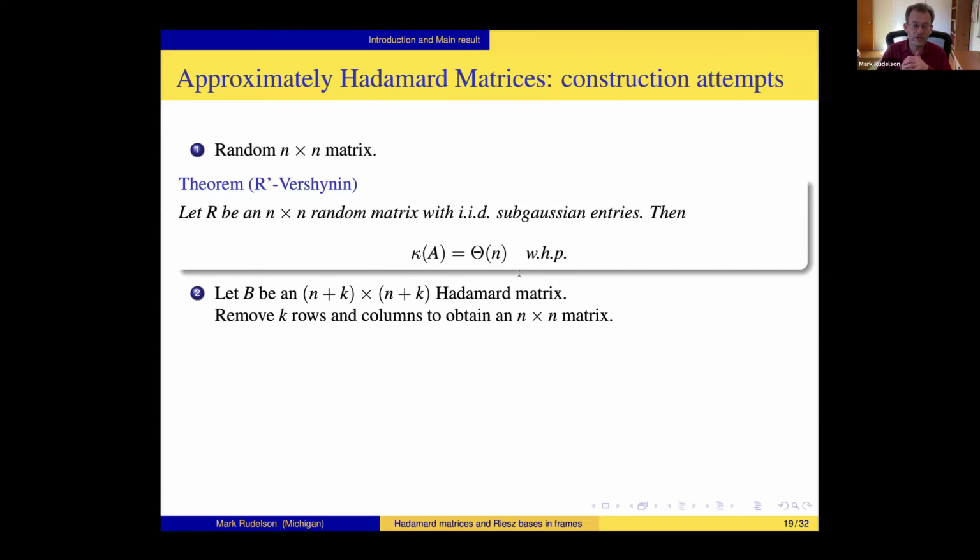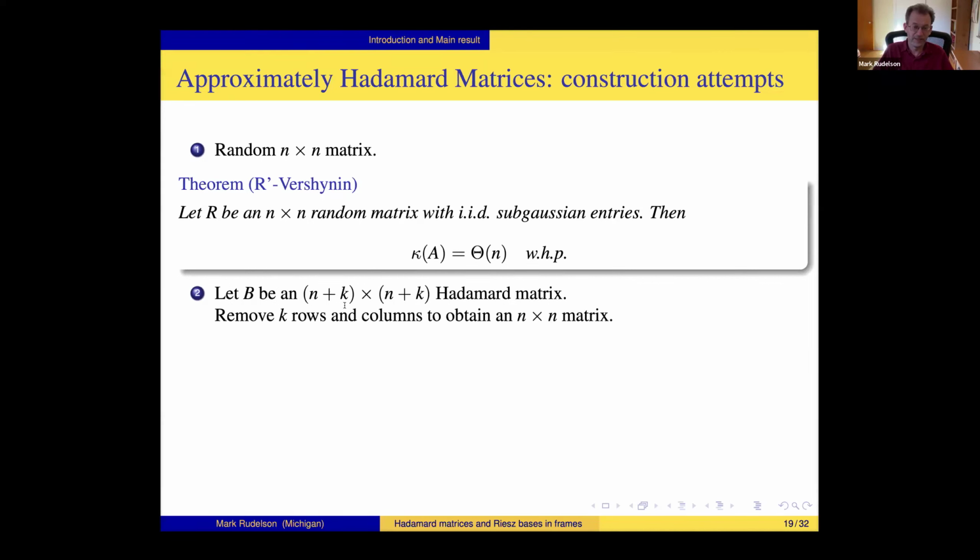We know that we have a sequence of Hadamard matrices, and the sizes go to infinity. So let's take a matrix in a larger dimension, which is Hadamard, and let's remove some k rows and columns to obtain the size which we need. Hopefully, if we cleverly remove these rows and columns, we will preserve the Hadamard property.